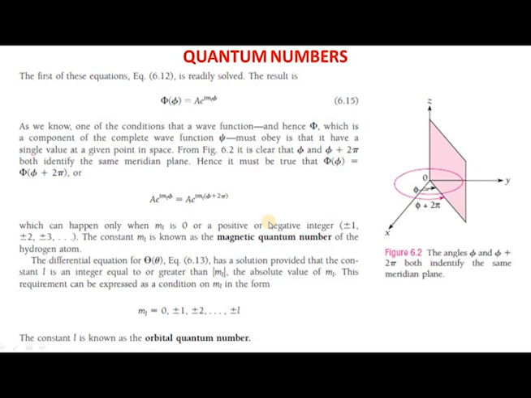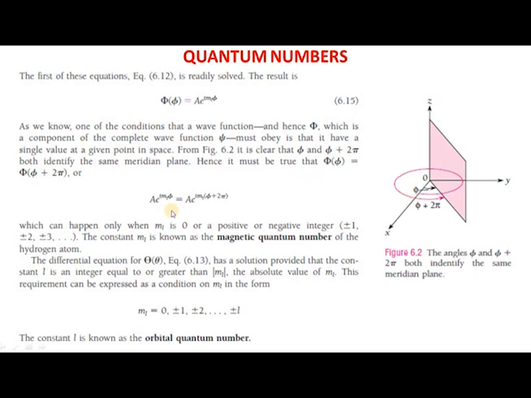As we know, the azimuthal angle ranges from 0 to 2 pi. It goes from here and completes a cycle, giving 0 to 2 pi. So the value of phi at 0 will be equal to the value of phi at 2 pi. That is, upon a complete 360-degree rotation, it reaches the same point.